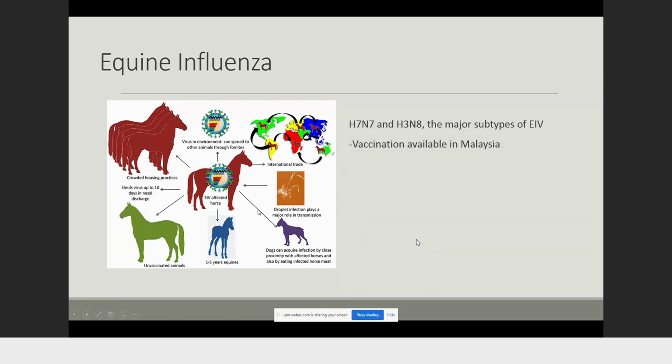So basically, equine influenza, as you know, affects international trade. So far, there are two subtypes, H7 and H3. And just for your information, vaccination against equine influenza is practiced in Malaysia.